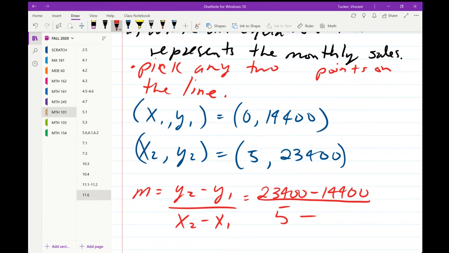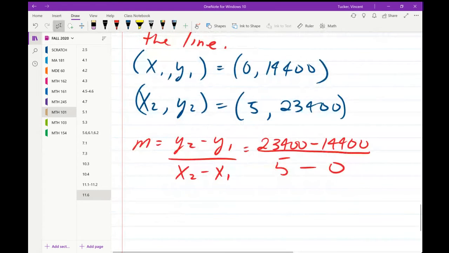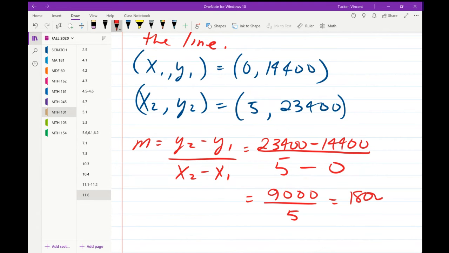X2 is 5 and x1 is 0. It's y2 minus y1 over x2 minus x1. So it's 9,000 over 5, and that'll be 1,800.